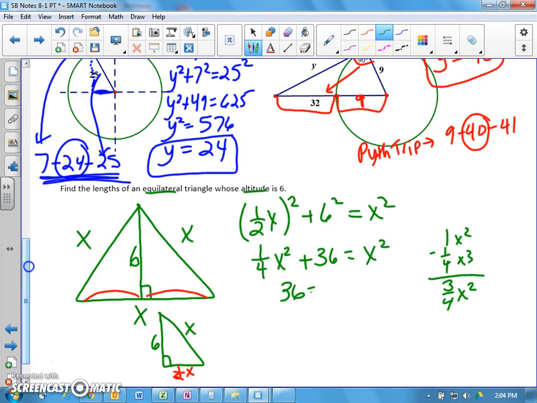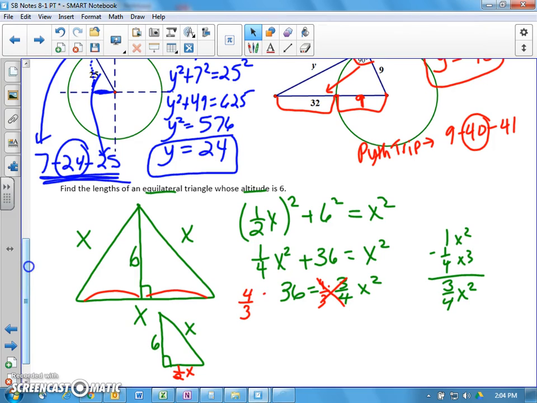So 36 would be 3/4 x squared. Now to remove that variable, I'm going to multiply by 4 and divide by 3. So basically I am multiplying by 4/3, or the reciprocal.